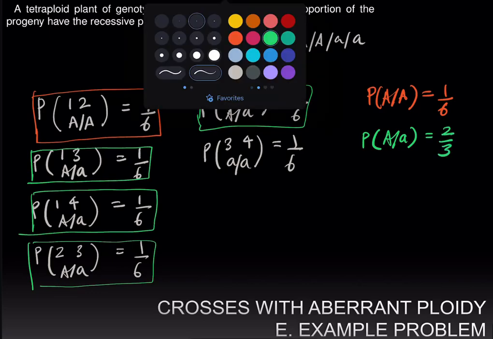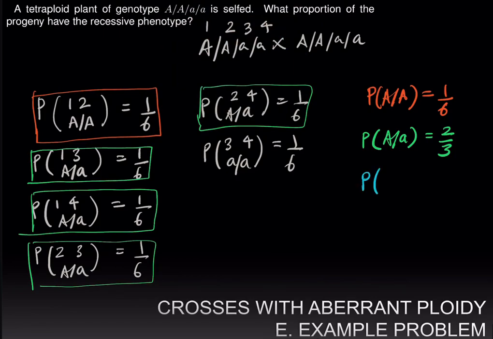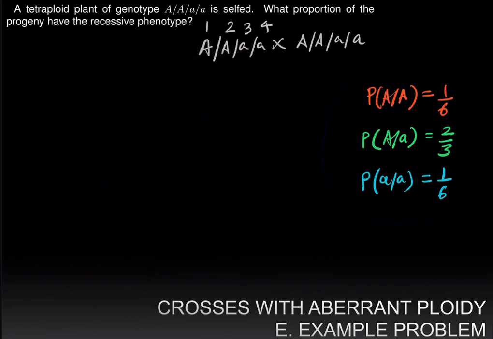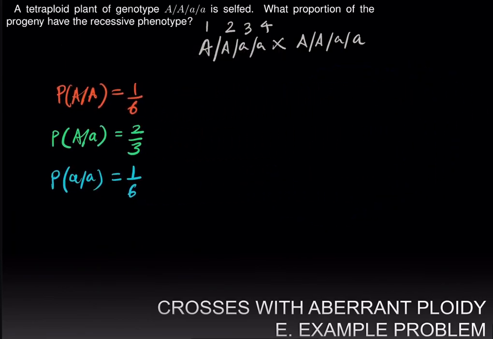And finally, the probability of little a gamete is 1/6. Having done this computation, we don't need these numbers anymore, and now we are ready to compute the proportion of the progeny who have the recessive phenotype.